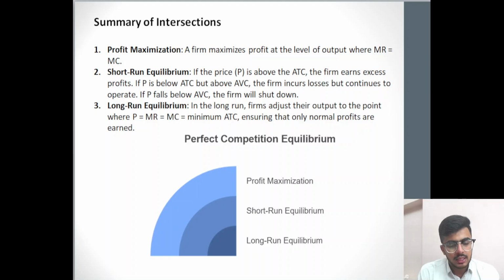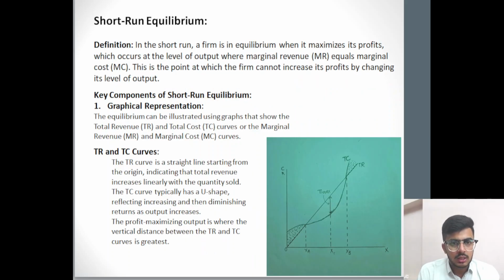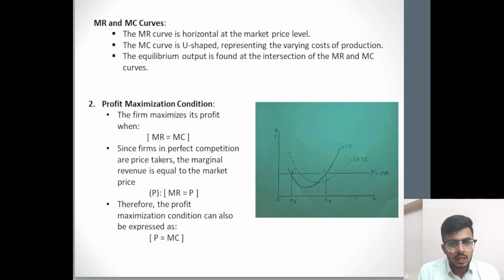Losses, when average total cost is greater than price but price is greater than average variable cost. And the shutdown point is when price is smaller than average variable cost. So these are the short run equilibrium conditions and the curve diagram. Now the supply curve also indicates the MR and MC curves and profit maximization conditions of short run equilibrium.